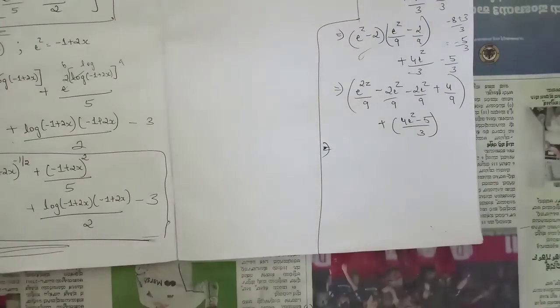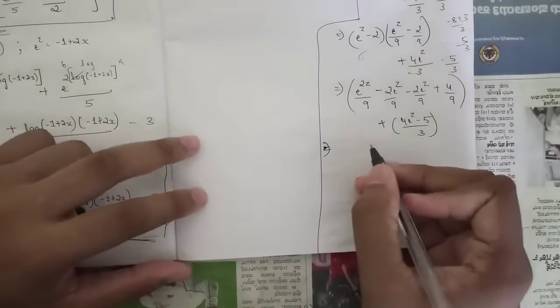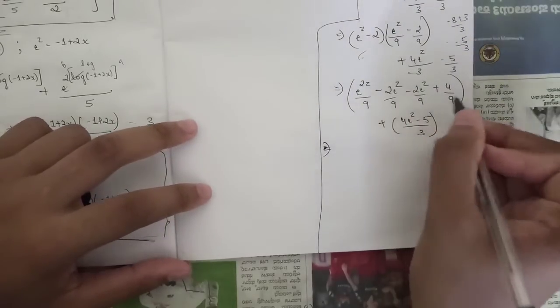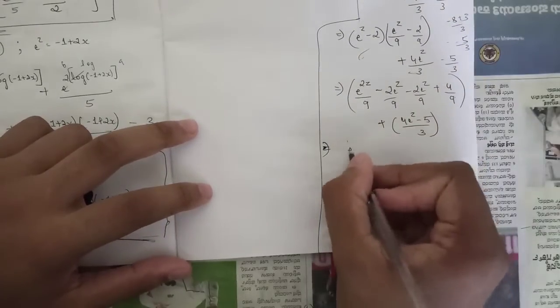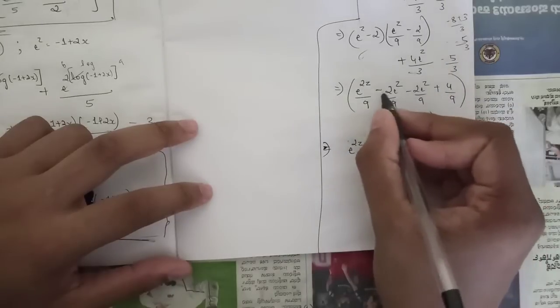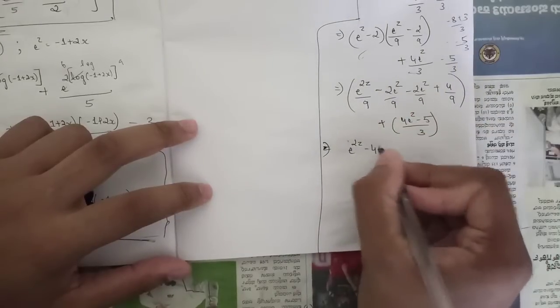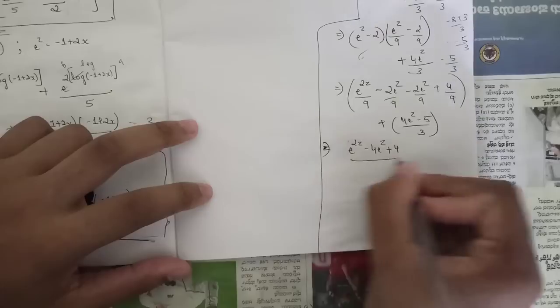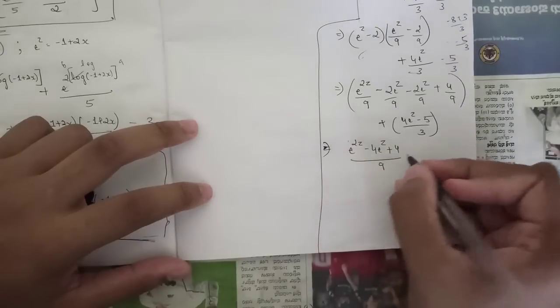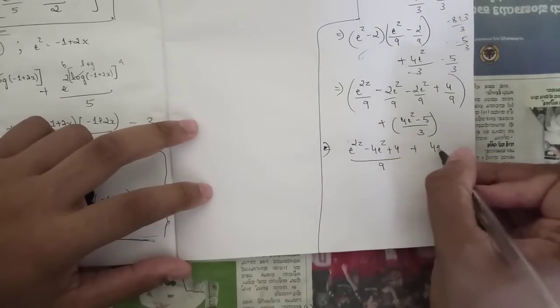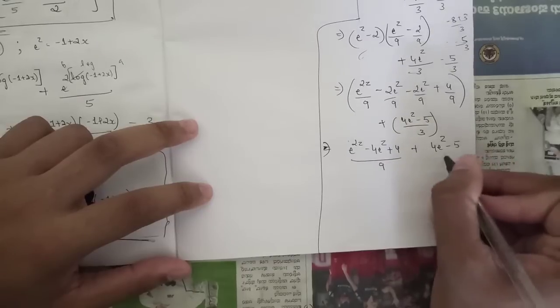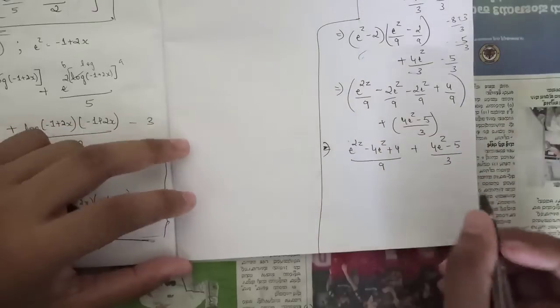So we need to further solve this because this is a bit lengthy problem. So now we have here 9 9 9 9, we can add them: e power 2z minus 2 e power z minus 2 e power z is minus 4 e power z plus 4 by 9, plus 4 e power z minus 5 by 3.